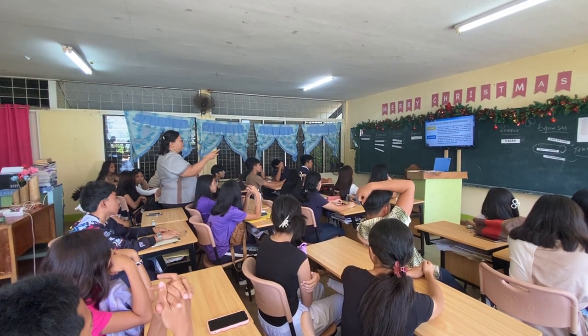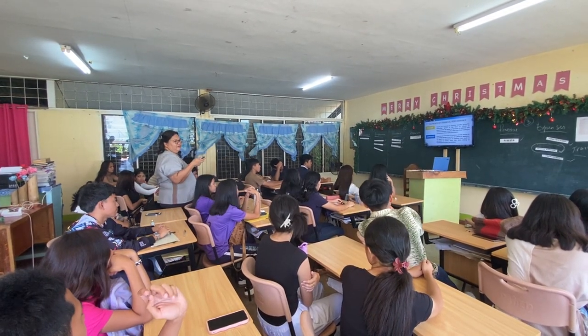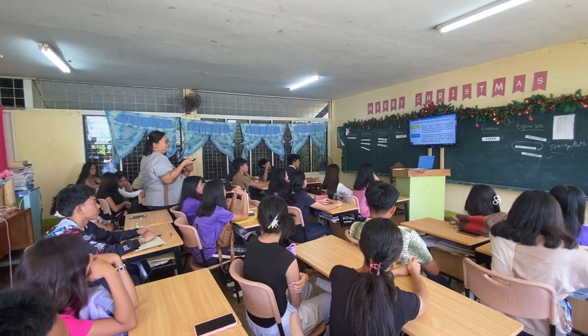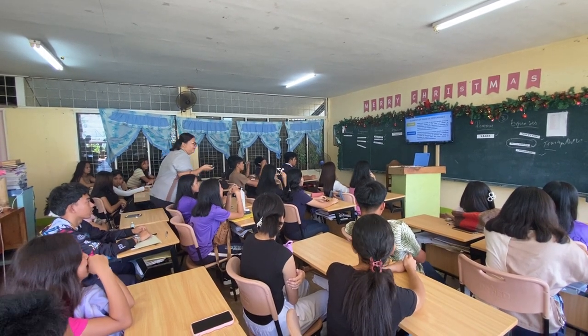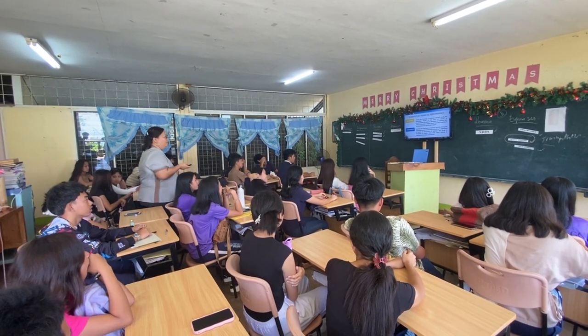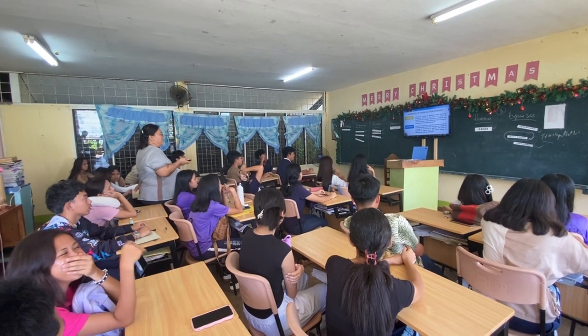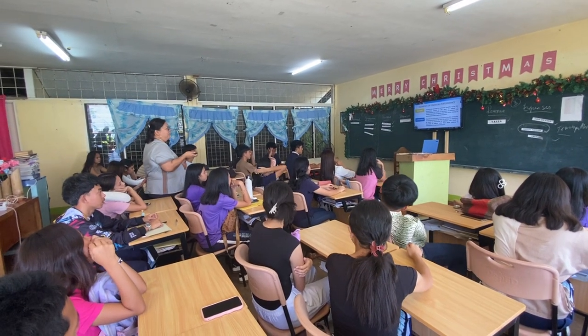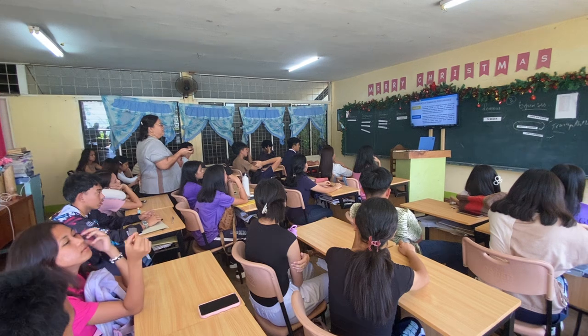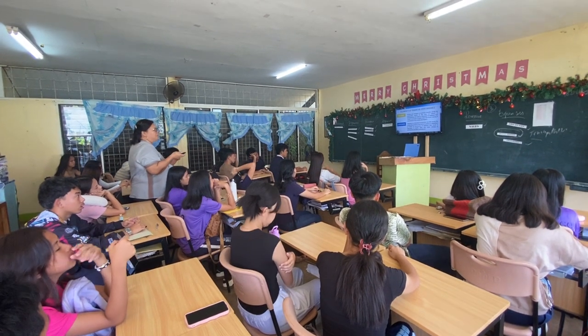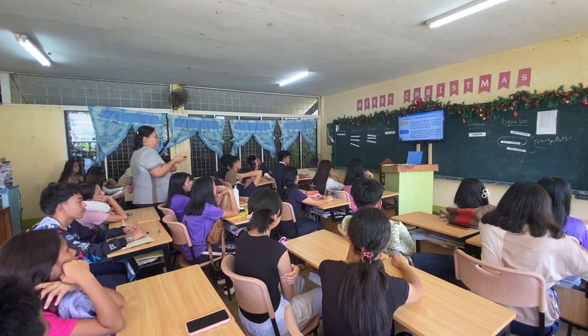Okay, so income and expense is very clear. Is it clear or not? Income is an increase in economic benefit during the accounting period in the form of inflows of your cash. Okay?